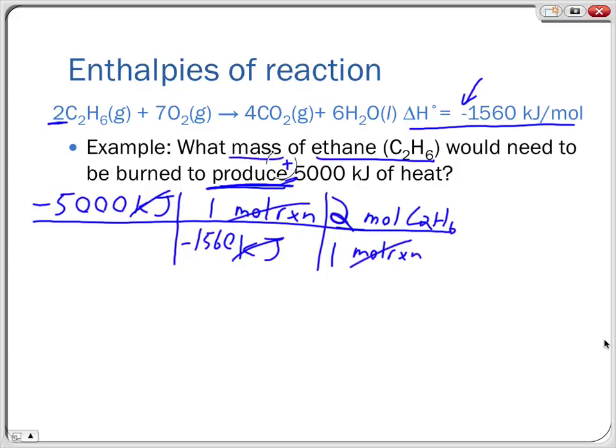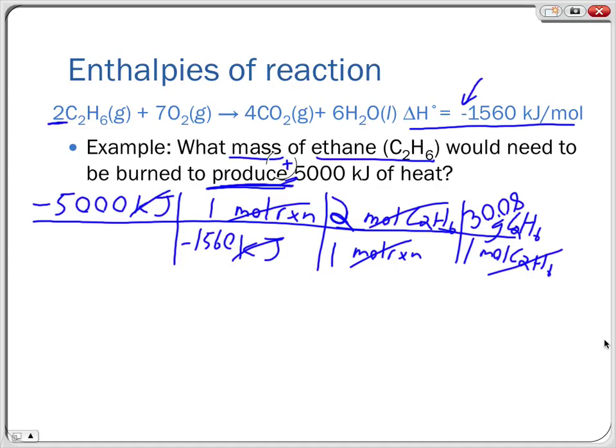It asks for mass of ethane, and so we want to go from moles of C2H6 to grams of C2H6. If we look that up, that is 2 times 12.01 plus 6 times 1.008 for the hydrogens, so it's 30.08, if I'm doing the math right. 30.08 right here, and that cancels out moles of C2H6.